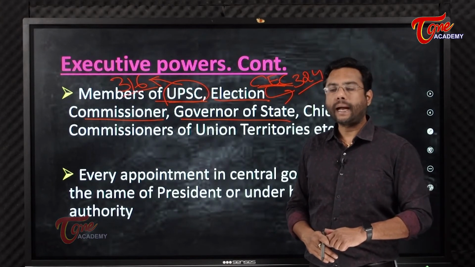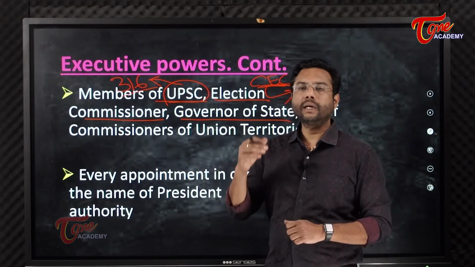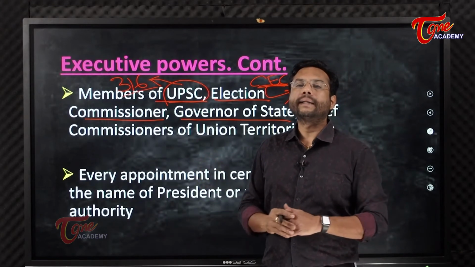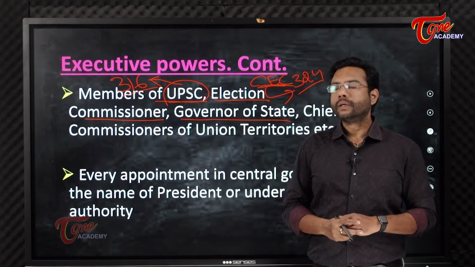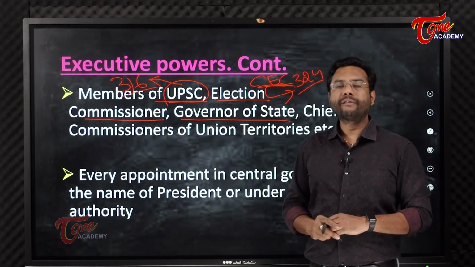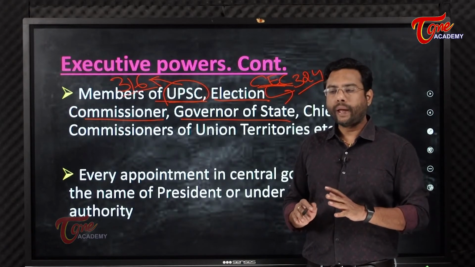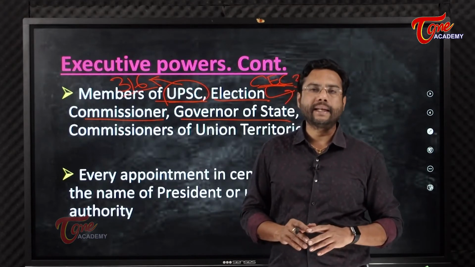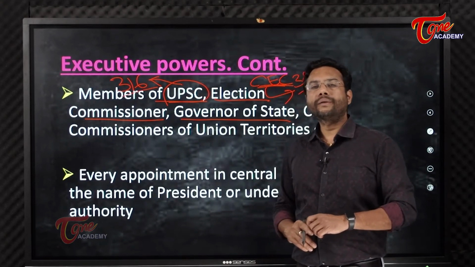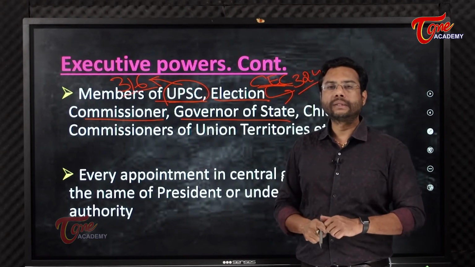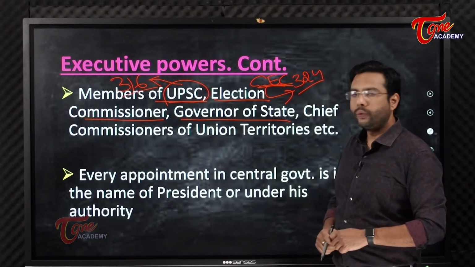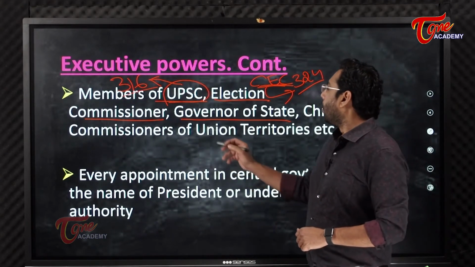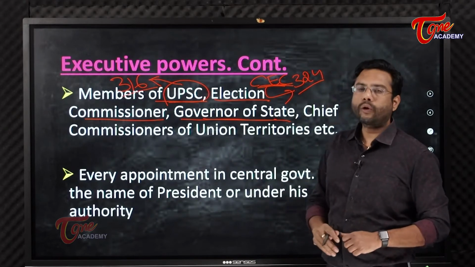The governor acts as a link between the union government and the state governments. As we know, we have a federal kind of polity where the states have certain autonomy in their functioning. So the governor, who is an agent of the union in the states, has a lot of power.